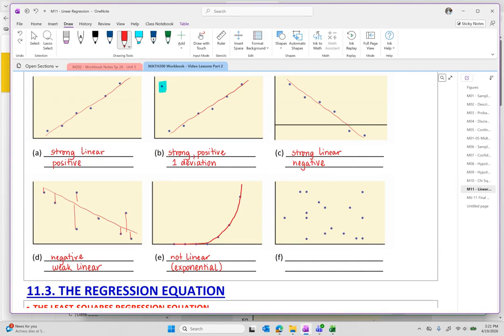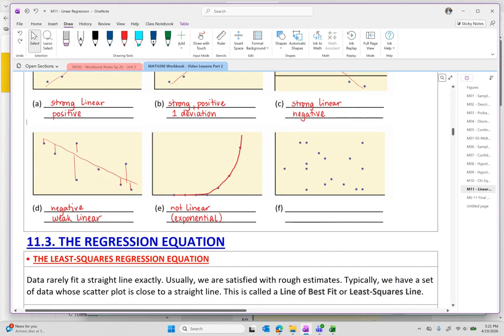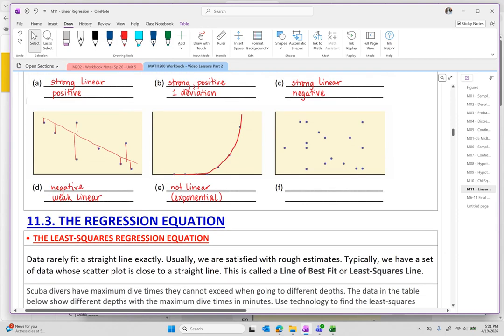I actually see kind of a fog. If I look in my weather app, I will see a fog looking like this. It looks like the points just hover over. So this doesn't look like there is any correlation between the variables. I cannot identify some relationship between increasing x and something happening to y. So here I don't see a pattern, and I will also claim here that there is no correlation.